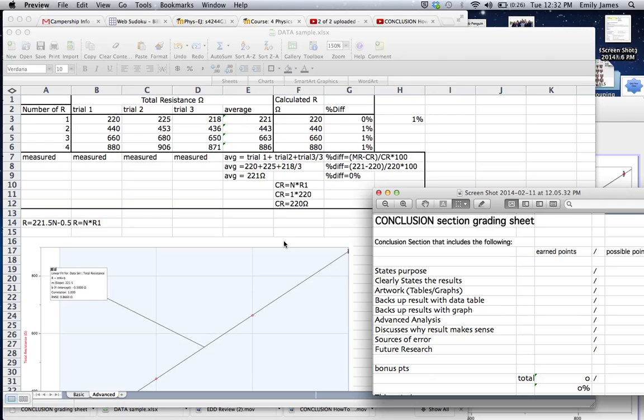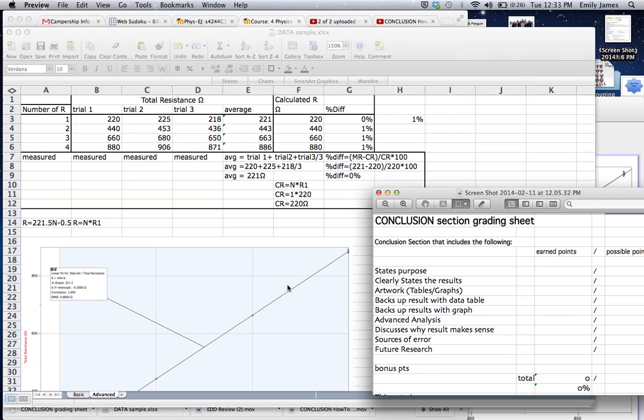The final part is future research. In future research, you're giving me a new experiment, not the same experiment done differently, a new experiment with a new IV or a new DV. In this lab, you could talk about perhaps doing the same experiment, but on a parallel circuit.